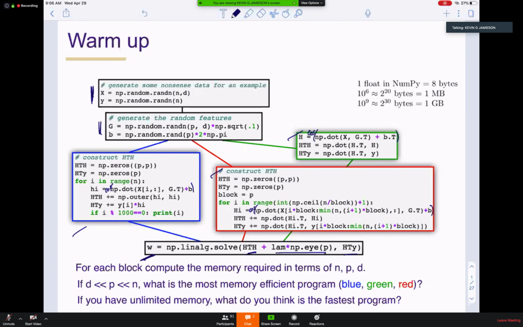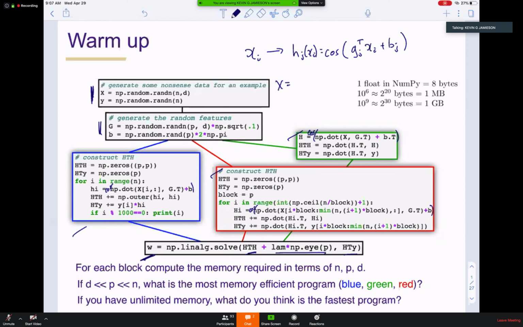Each one of these, you're basically transforming xi into cosine of Gj transpose xi plus Bj. This is our random transformation. We looked at a couple of these when we started talking about feature maps, but this is just one of them that we could do. It's just creating nonlinear versions of our features.